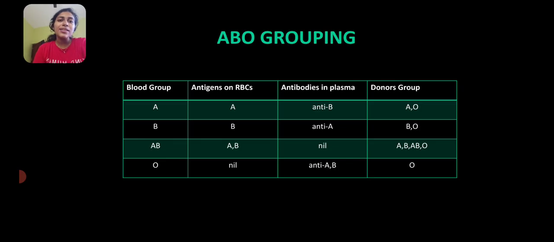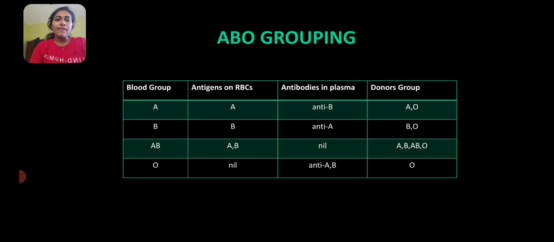So the person who has blood group O is considered the universal donor because of the absence of the antigen on the RBC surface. Okay, so this is the ABO blood grouping system.